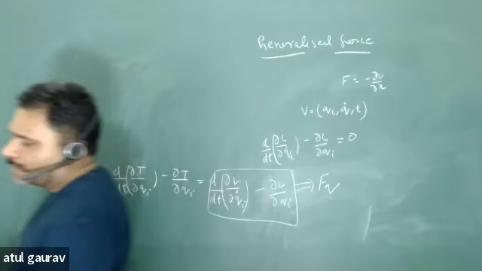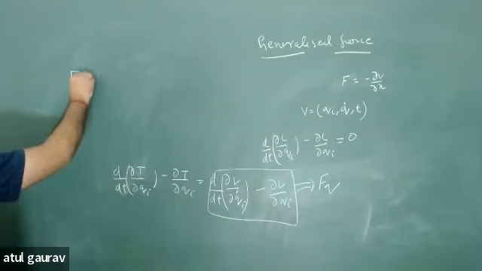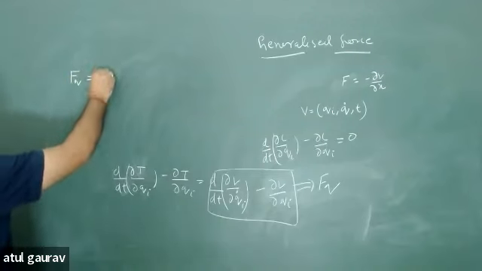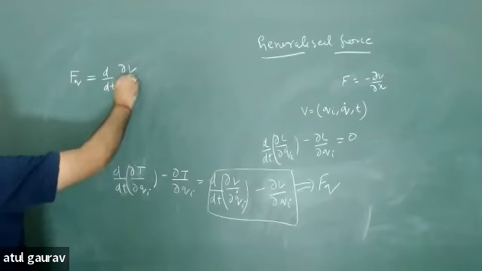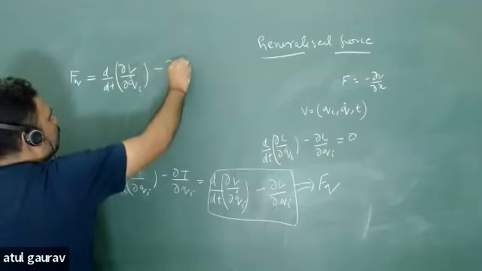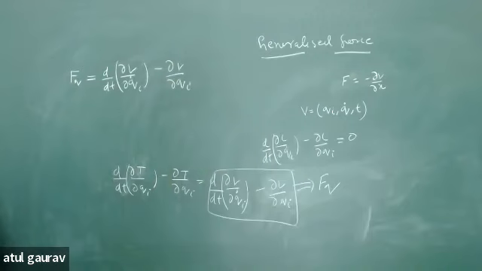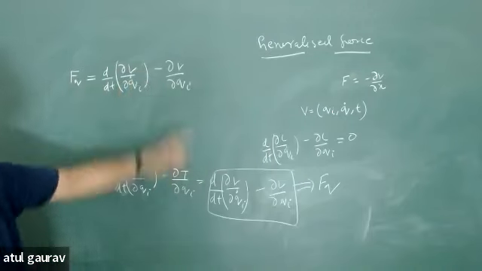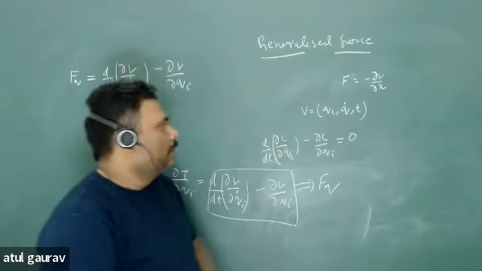If someone asks you what is generalized force, and it gives you the potential, then generalized force is equal to d upon dt del V upon del Qi dot minus del V upon del Qi. This is identified as generalized force when you have potential energy as a function of generalized coordinate and generalized velocity.